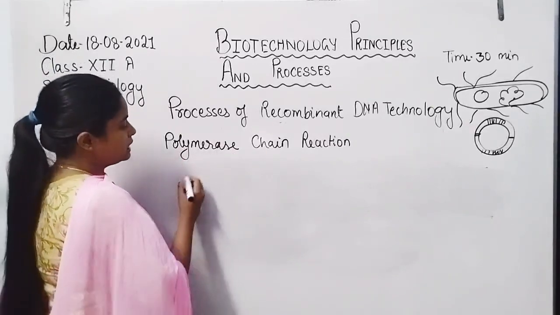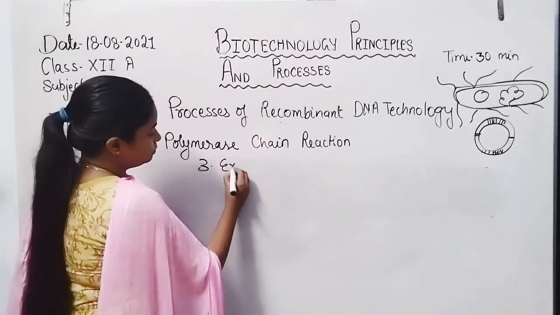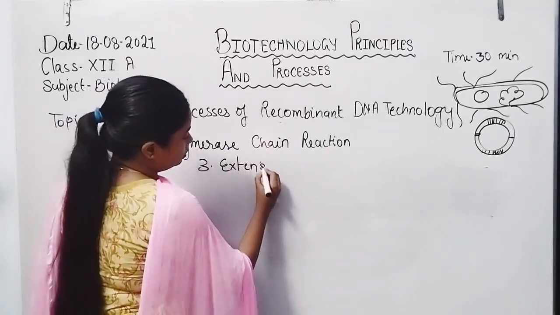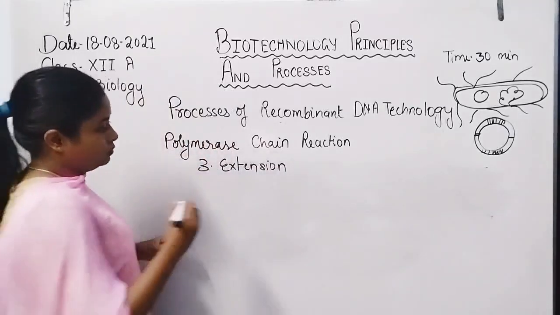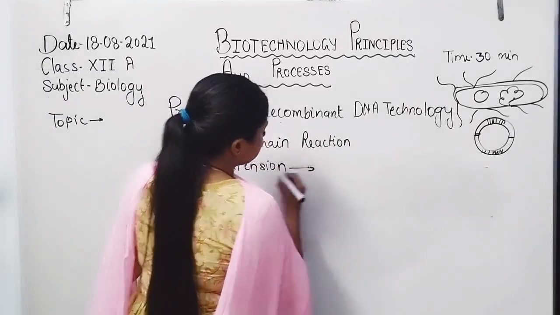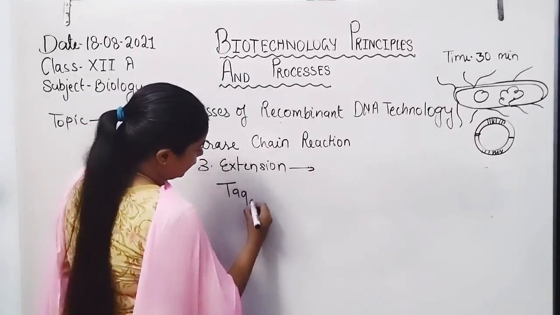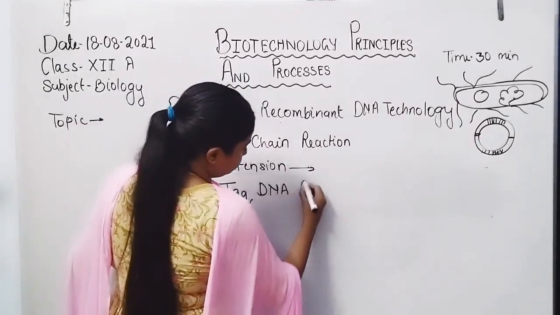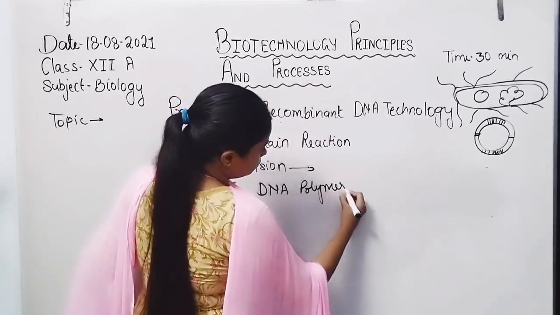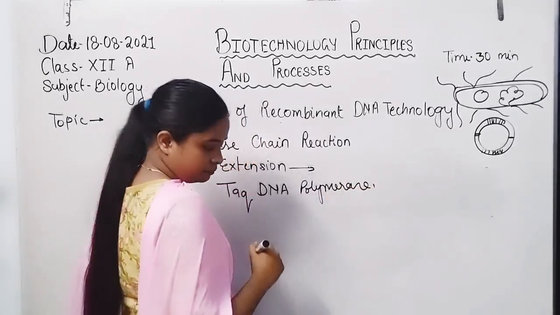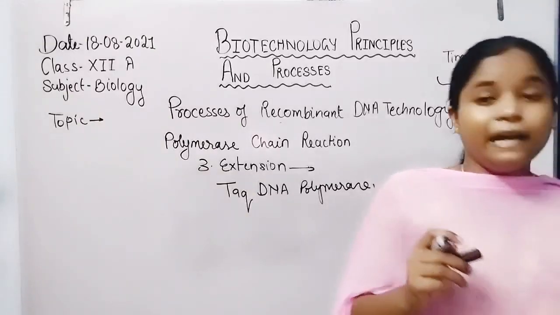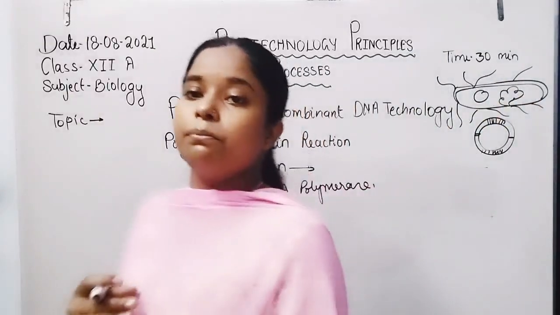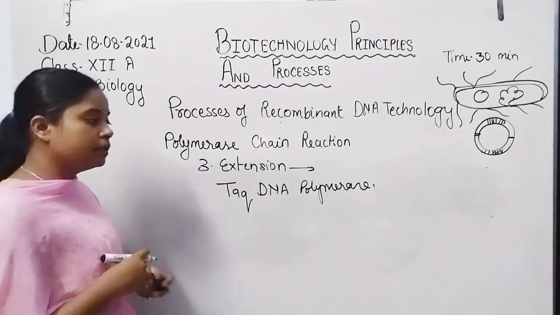So in PCR, for the extension of the DNA strand, we use Taq DNA polymerase. Taq DNA polymerase can survive above the temperature of 37 degrees centigrade.